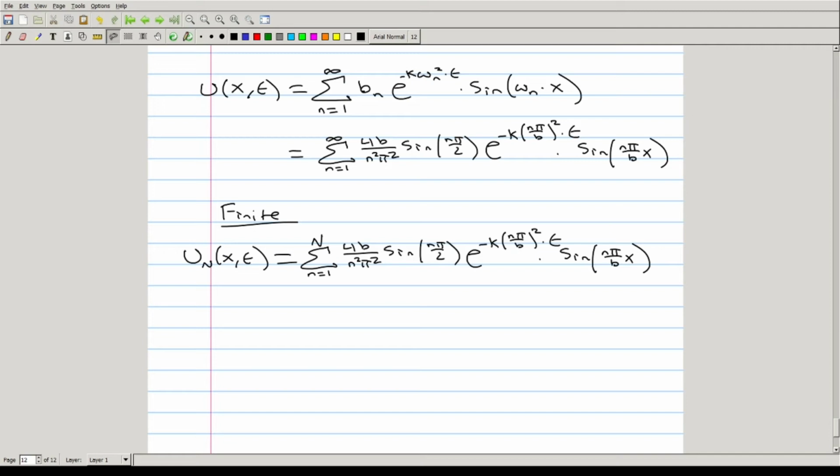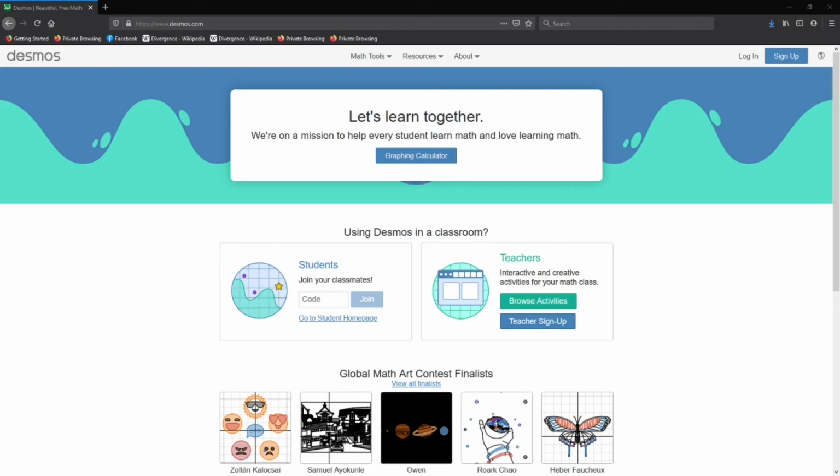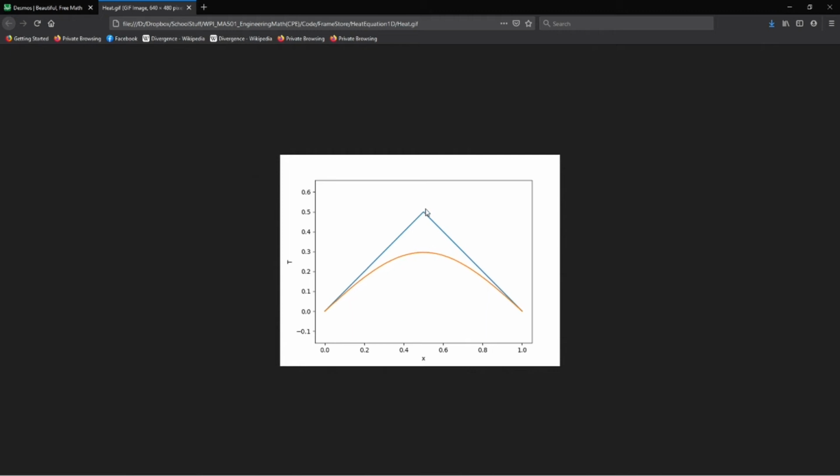So let's take a look at this right now. And here I have a Desmos screen, but I'll open up my solution to the heat equation. And this is the initial condition in blue with the evolving solution to the heat equation in time with fixed endpoints at 0.